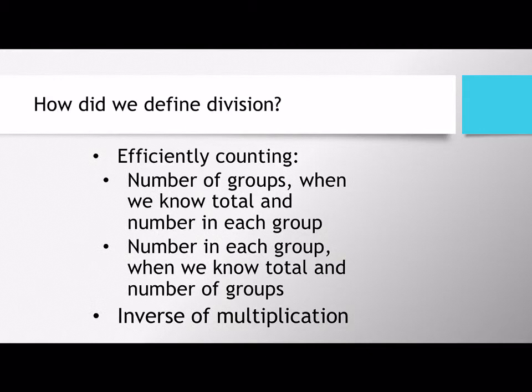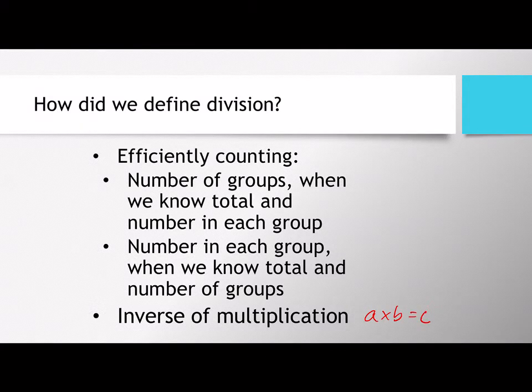Okay, so to review, we have this multiplication problem and its inverse. If we have A times B equals C, A is the number of groups, B is the number in each group, and C is the total.